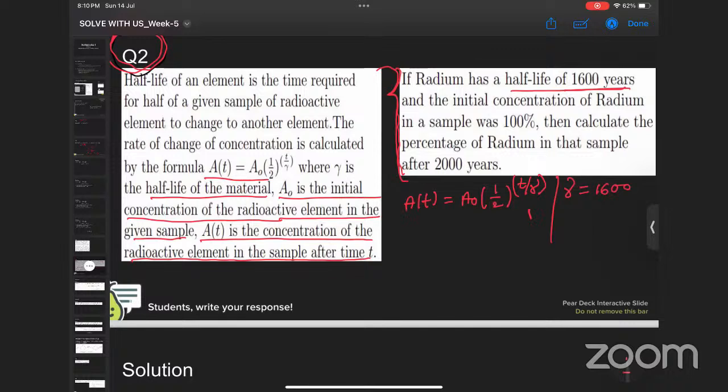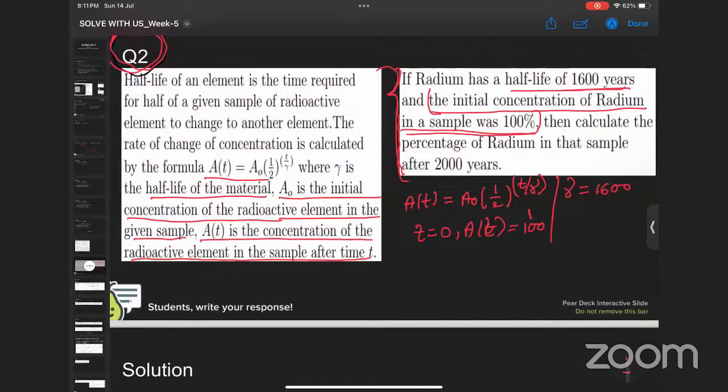Again, the initial concentration of the radium in a sample was 100%. That means the initial concentration means when T equals 0, then A of T equals 100. This is what is given in this line.